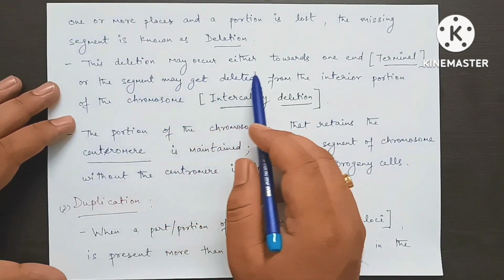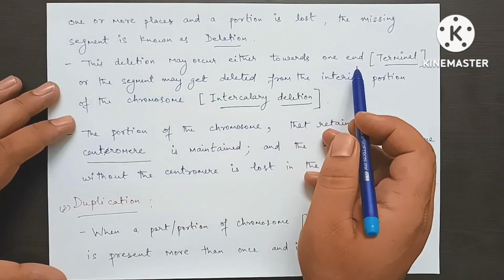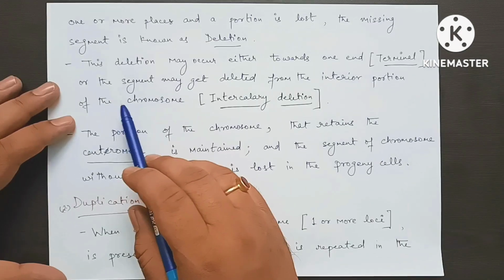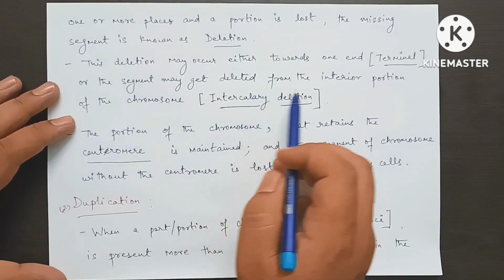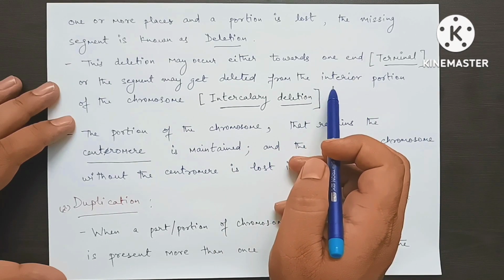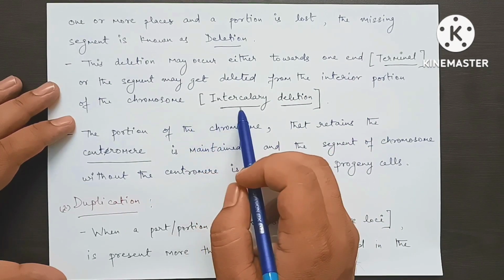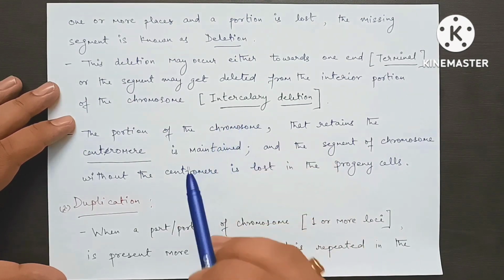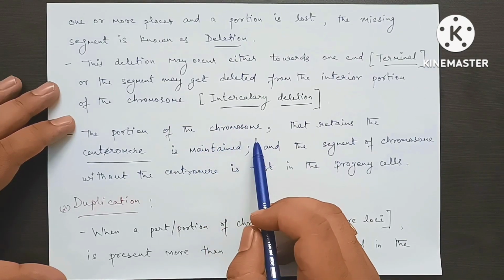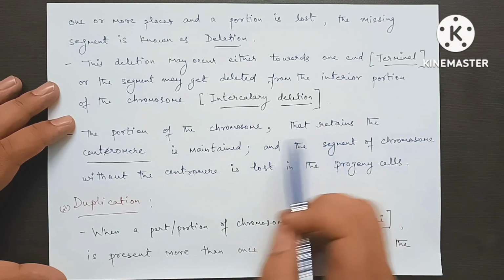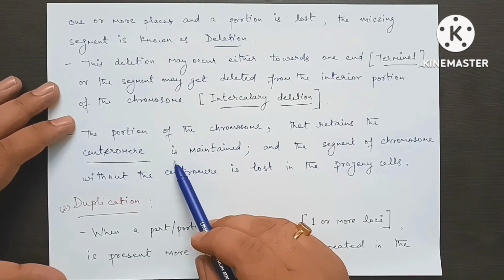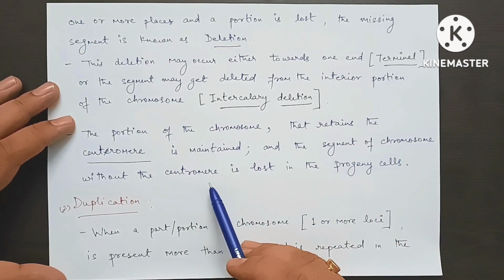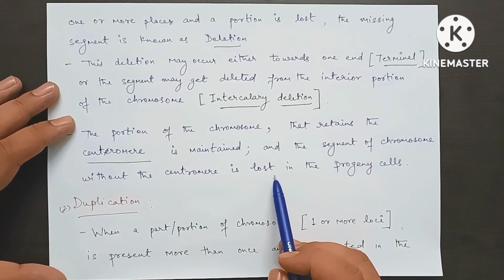This deletion may occur either towards one end, that is terminal, or the segment may get deleted from the interior portion of the chromosome, that is intercalary deletion. The portion of the chromosome that retains the centromere is maintained, and the segment of chromosome without the centromere is lost in the offspring.